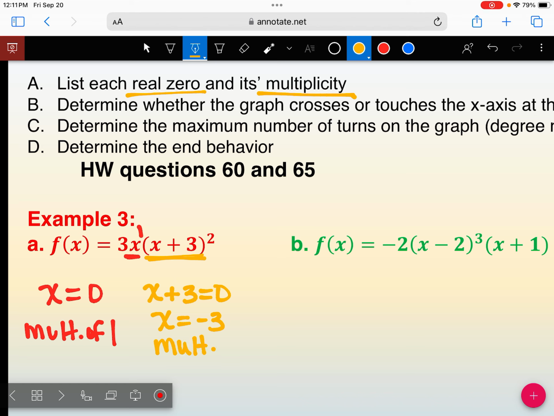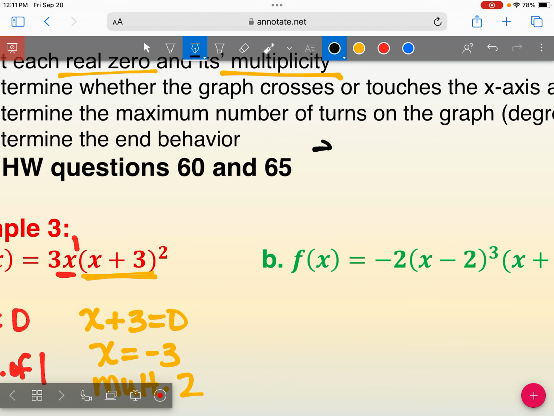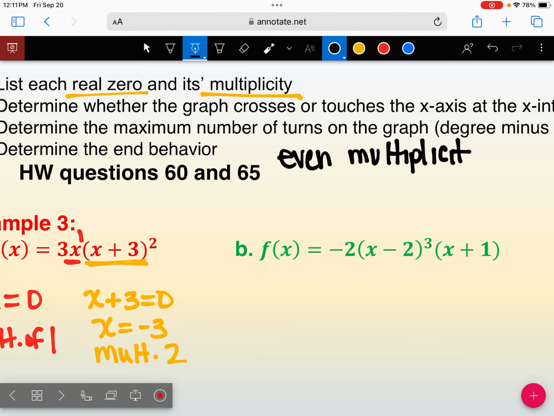So what does that mean exactly for a graph? Anytime you have an even multiplicity, that means that on the graph, it is going to just touch or bounce off the x-axis.